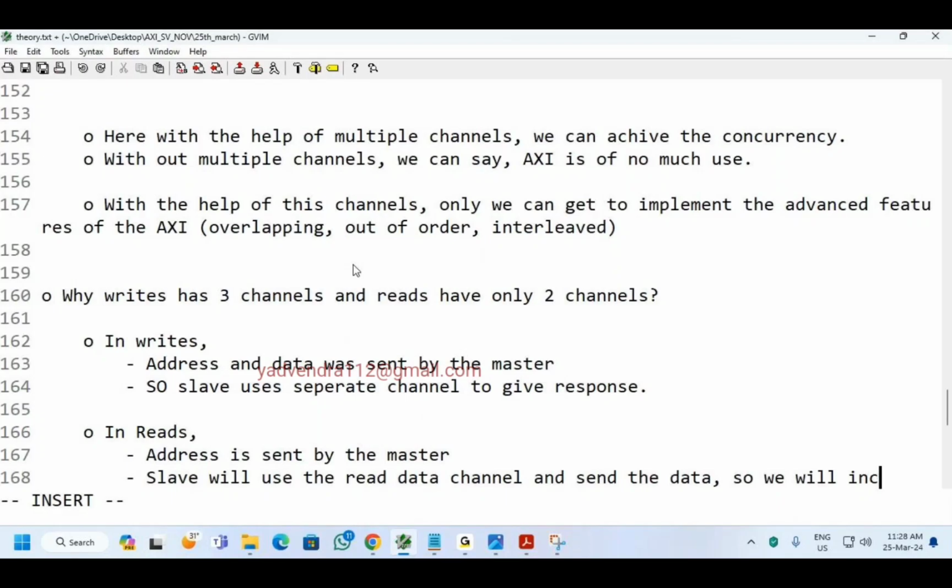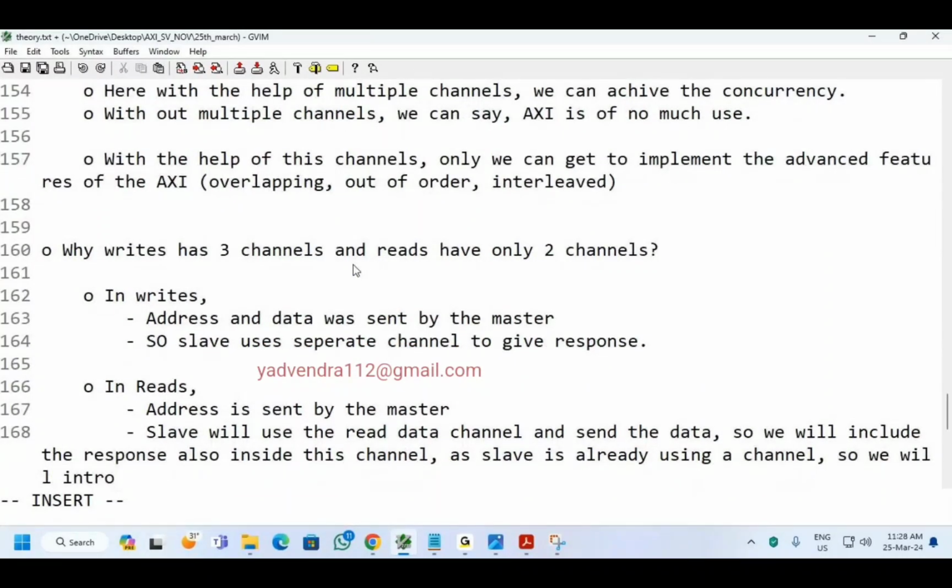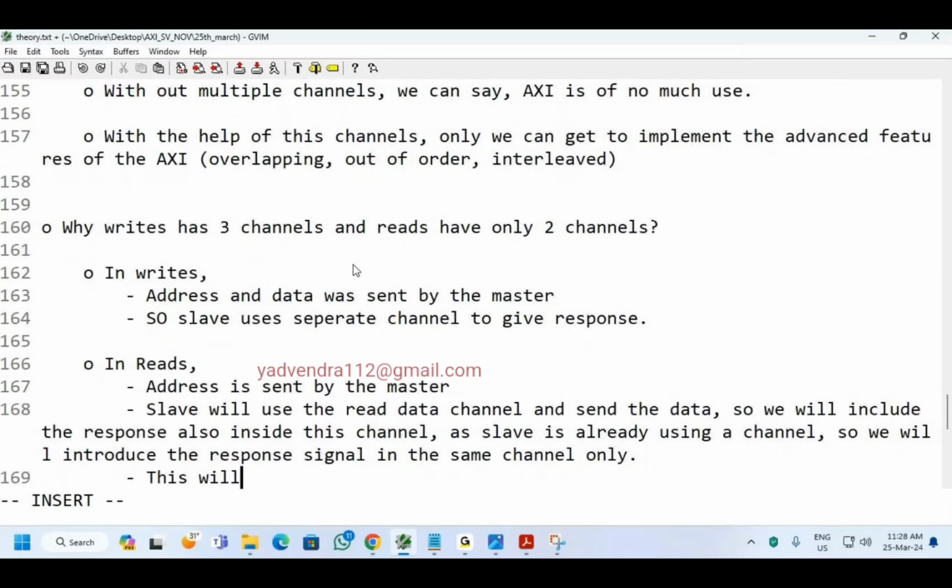So we will include the response inside this channel only. As the slave is already using a channel, we will introduce the response signal in the same channel. This will save time. One profit.